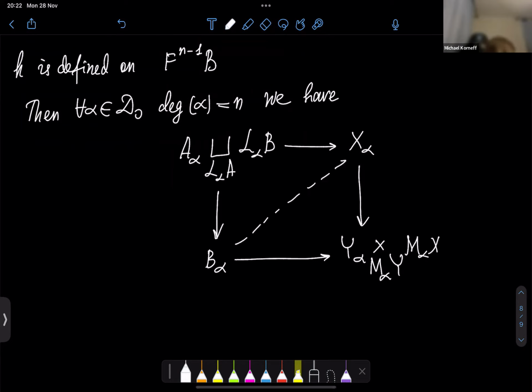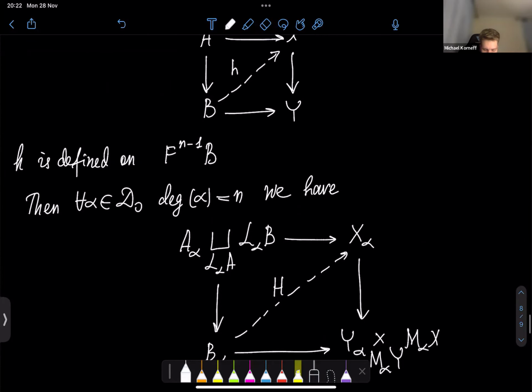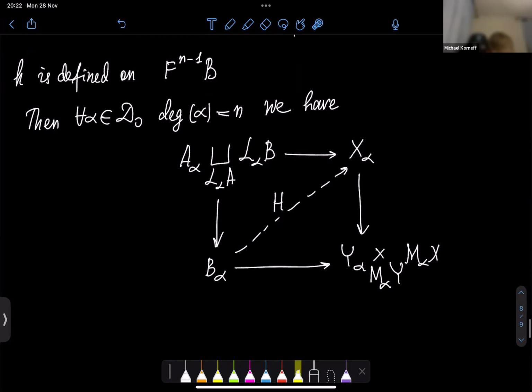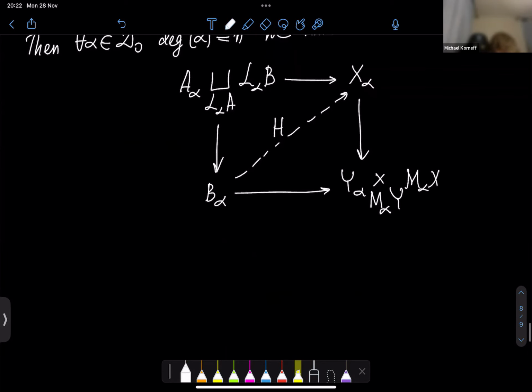And we want to find the full lifting map, but it turns out that these maps are the same, but we are interested in the following case.